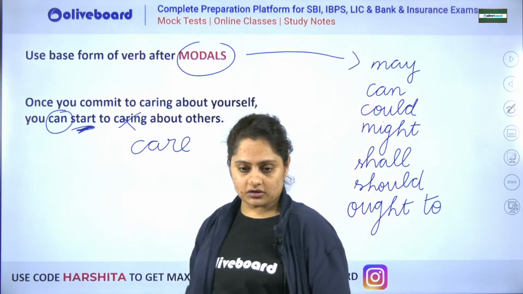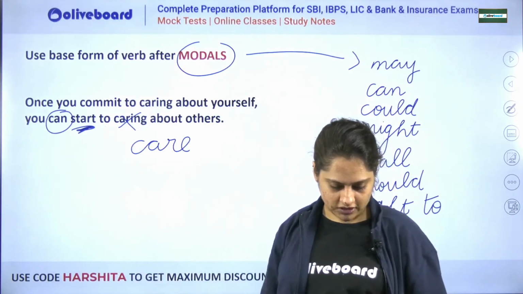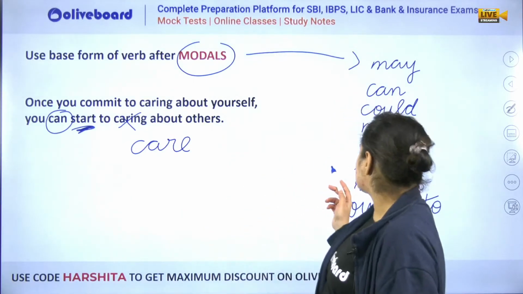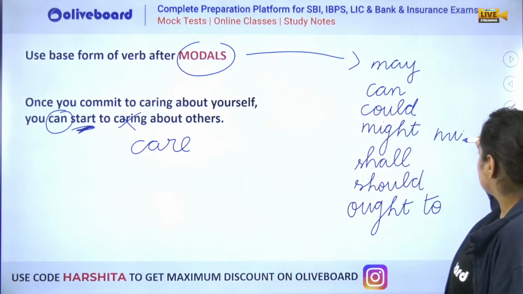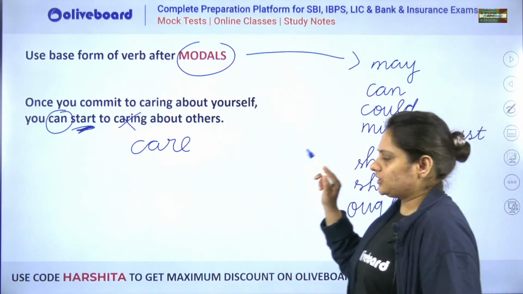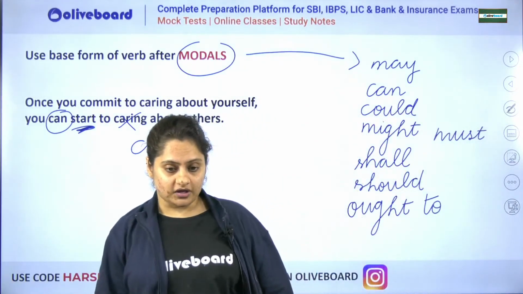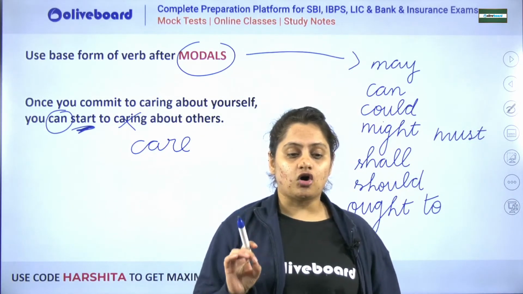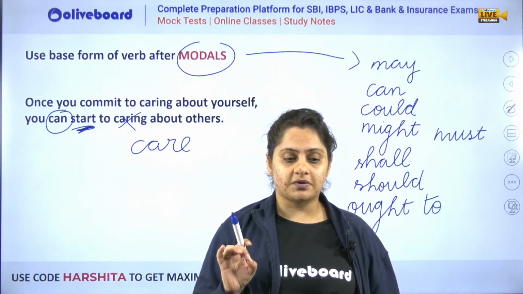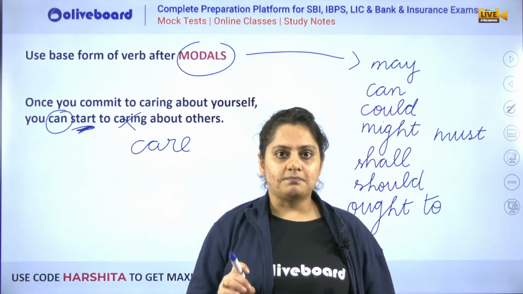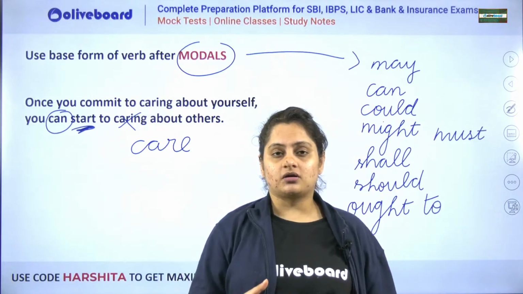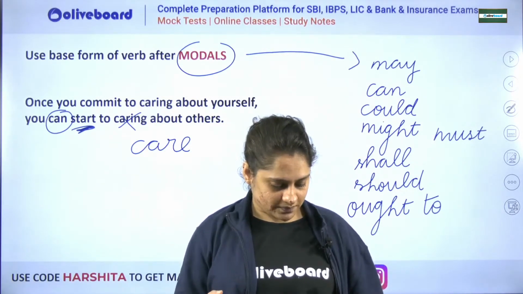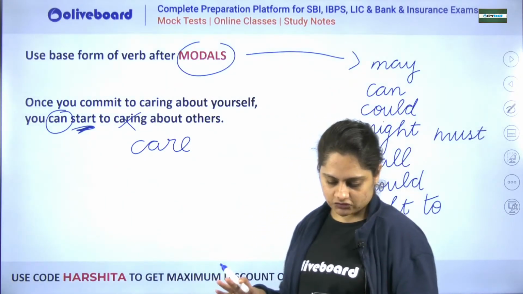After to also, the base form is used. All these words, must also. We must visit them. So guys, after all these words, please use the base form of the verb: must eat, must drink, must study. So after all of these, the base form will come.